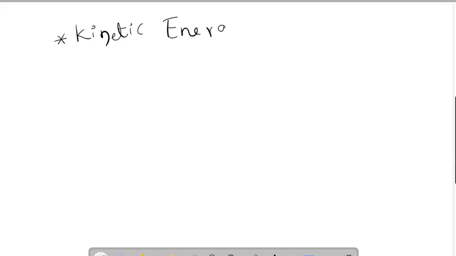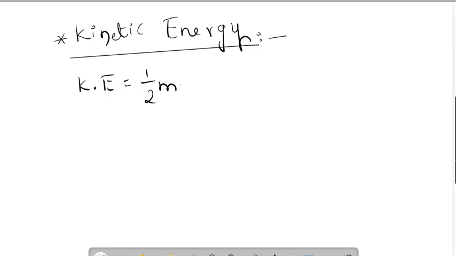Kinetic energy. We all know that kinetic energy is equal to half mv square.